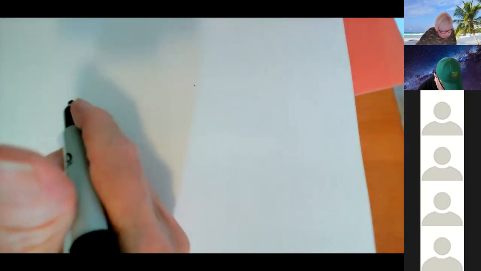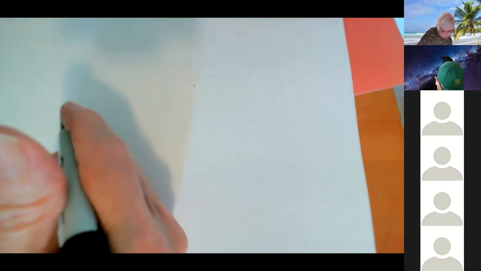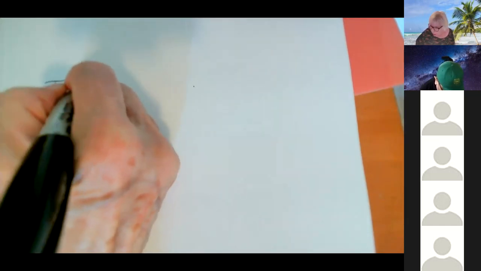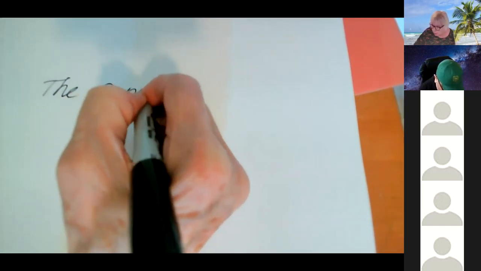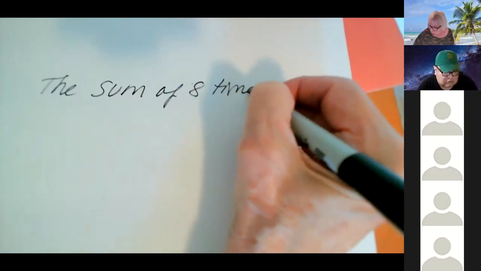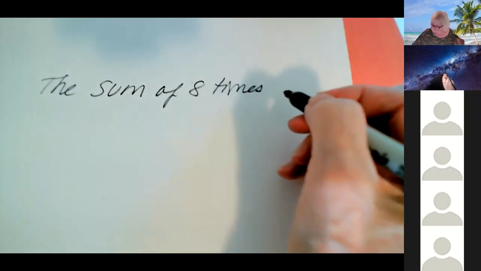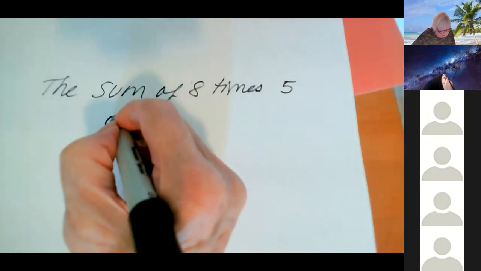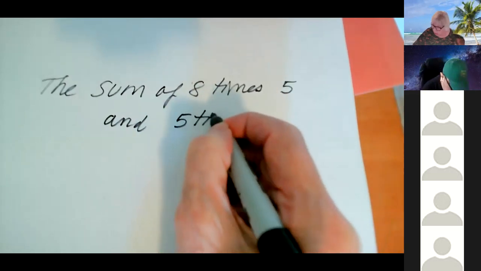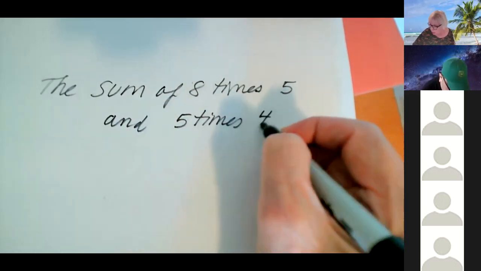Now, toward the end of this section, they had a few problems like this, in words, and this is a review. The sum of 8 times 5 and 5 times 4.